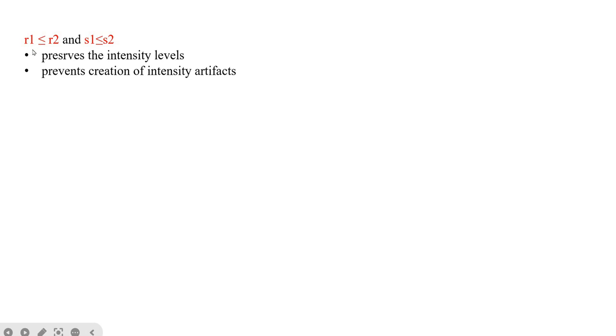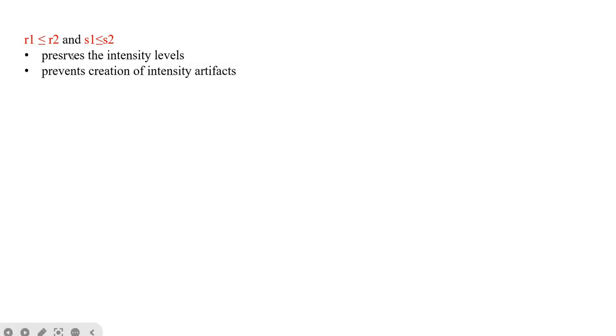Again, in general, R1 is less than or equal to R2 and S1 is less than or equal to S2. Here it is assumed that this function is single valued, and it will preserve the intensity levels and prevent the creation of artifacts in the processed image.